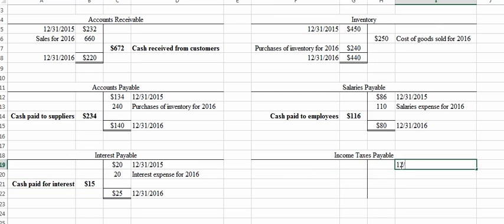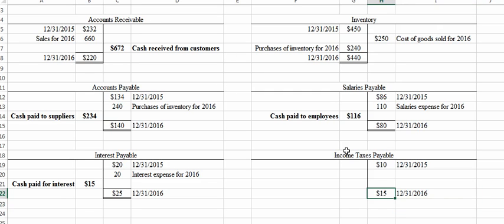Now on income taxes, well, our 12/31/15 balance is going to be on the credit side here, 10 million. We're going to end with a credit balance of 15 million on 12/31/16.